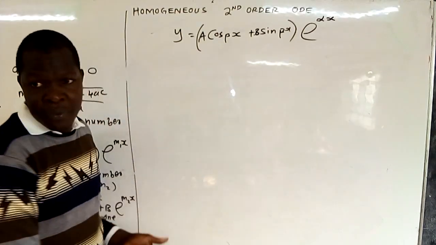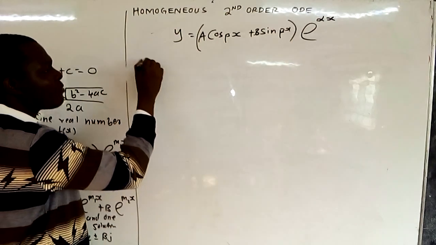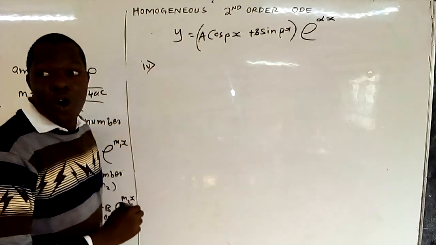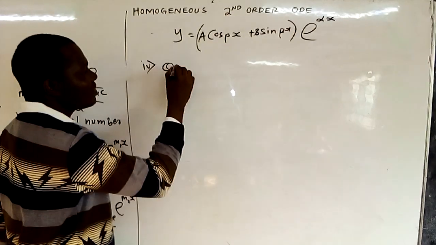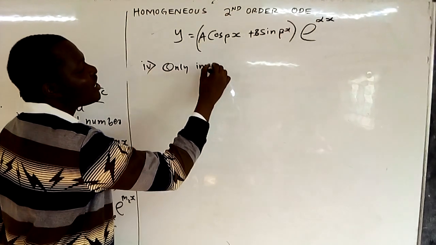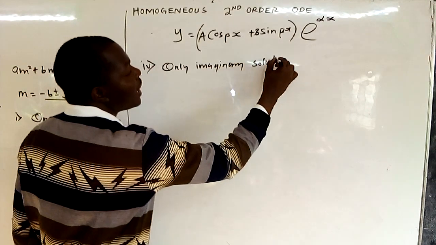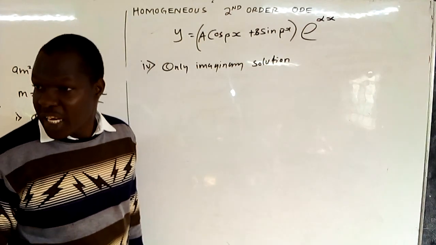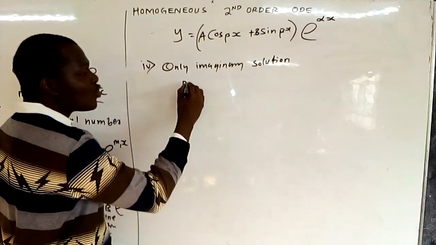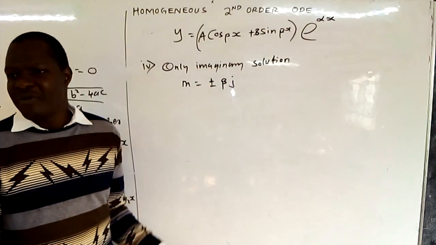Are we together? So the last case, case 4, when you have only imaginary solution. Remember, when it is imaginary it will always be a pair, isn't it? Because you will get the solution of m to be plus or minus beta j, meaning negative and positive beta j.